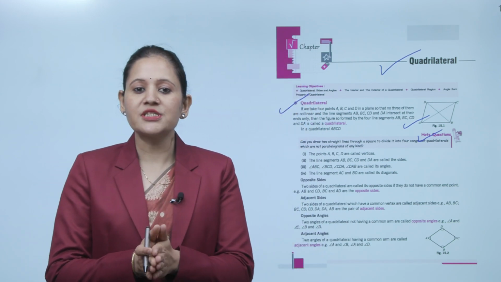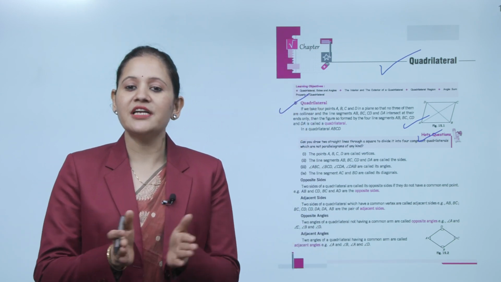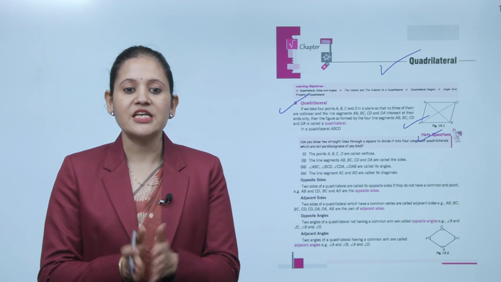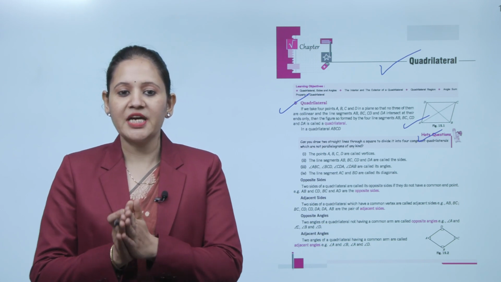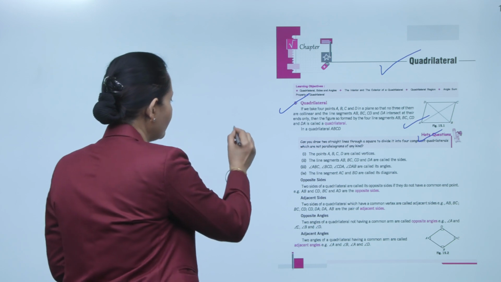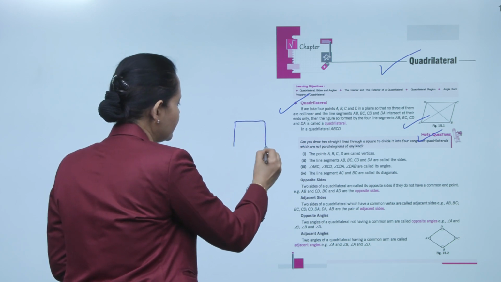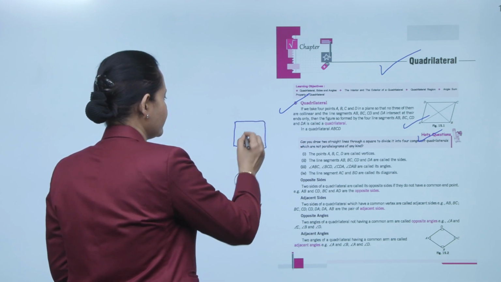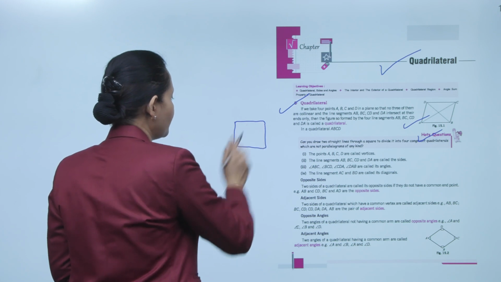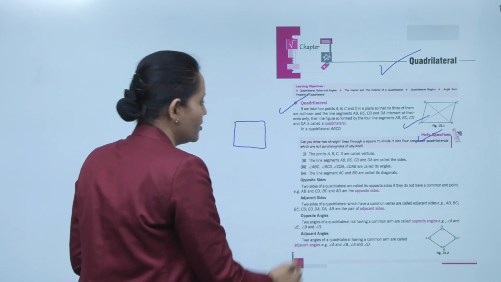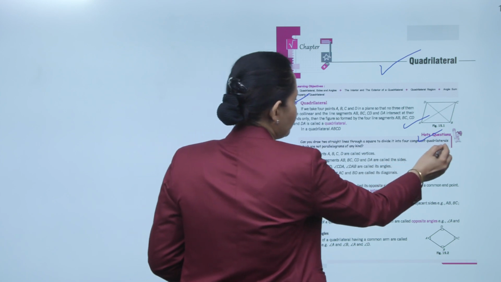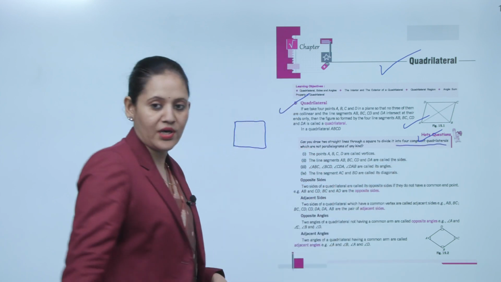Next is a HOT question. Can you draw two straight lines through a square to divide it into four congruent quadrilaterals which are not parallelograms of any kind? So, this is a square. Suppose we have to draw two straight lines which will divide it into four congruent quadrilaterals.